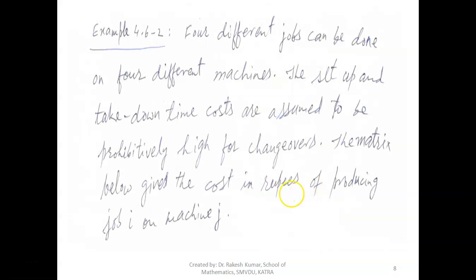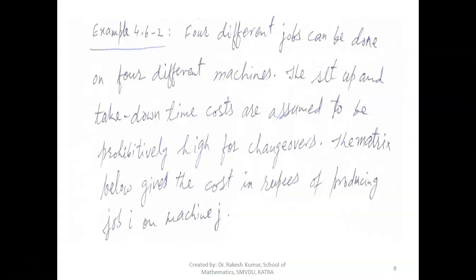Okay, now I am taking up one more example from the same book, example 4.6-2. 4 different jobs can be done on 4 different machines.